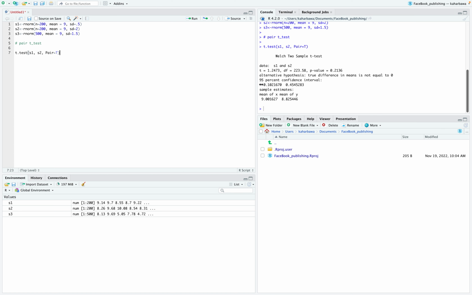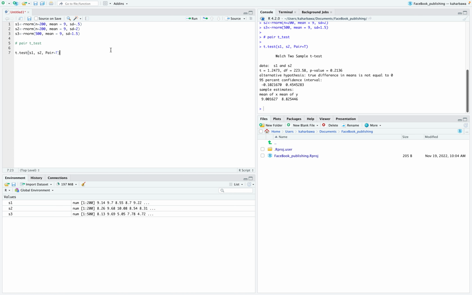We have negative 0.1 on the left and positive 0.4 on the right side. So 0 is between the left and right values of our confidence interval. So at the end of the day, we can safely conclude that the mean of the two samples is the same, which is 9.